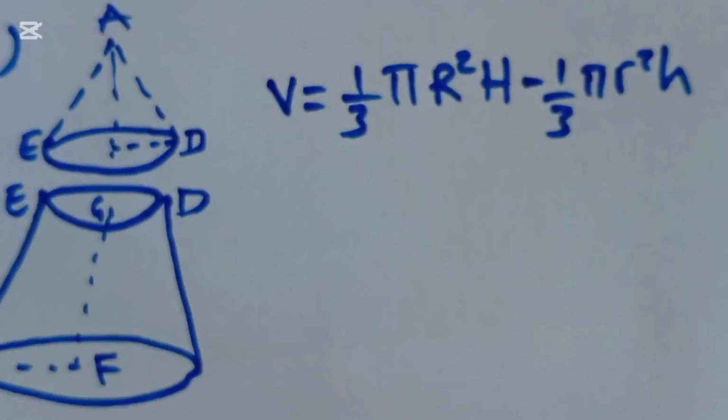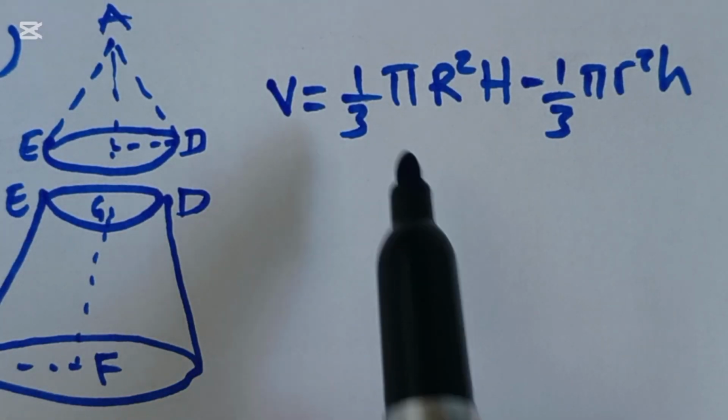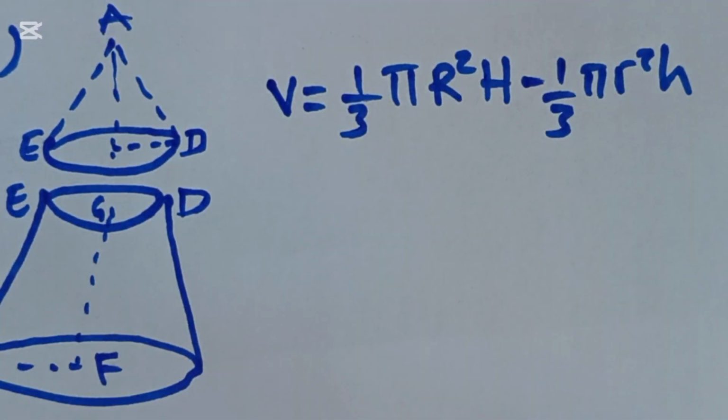So now, in the first part I'm using the capital letters to show the radius and the height of the big cone before the sharp end was cut off.